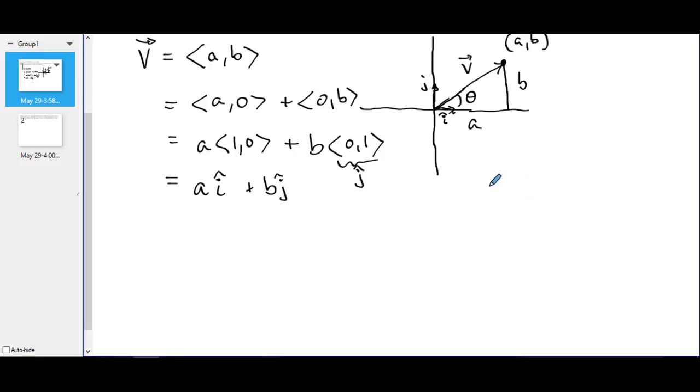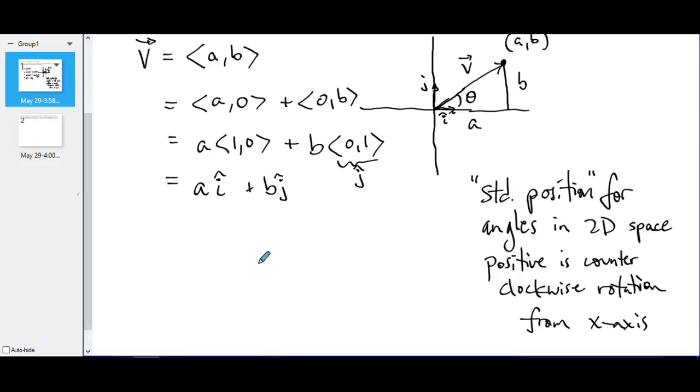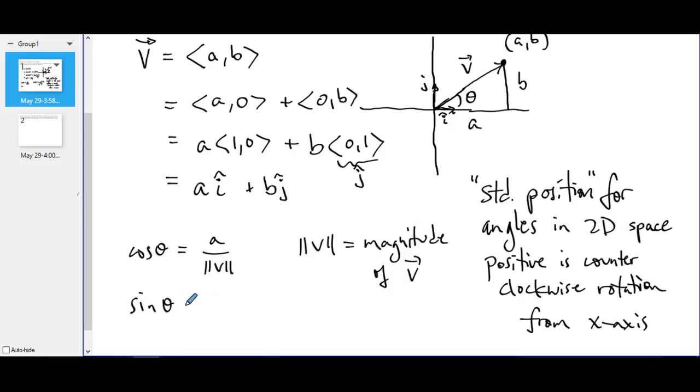That's standard position. So we could begin to develop an alternate form for a two-dimensional vector by using some trig. We'll say that the cosine of theta is A over the magnitude of V, and we could say sine of theta is B over magnitude of V.